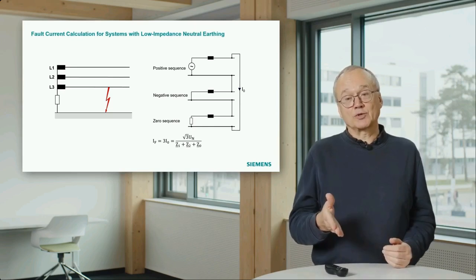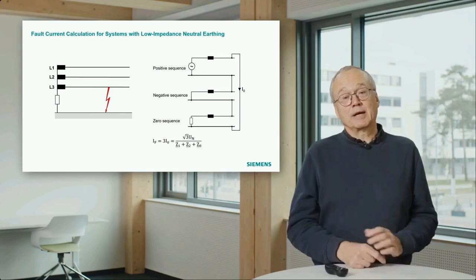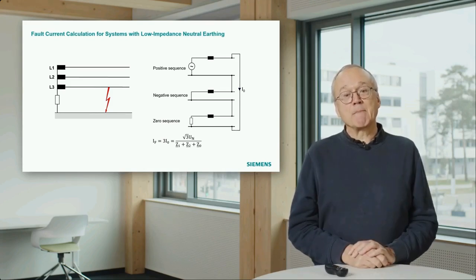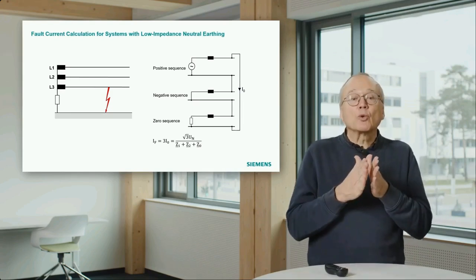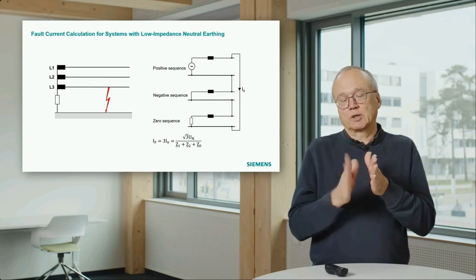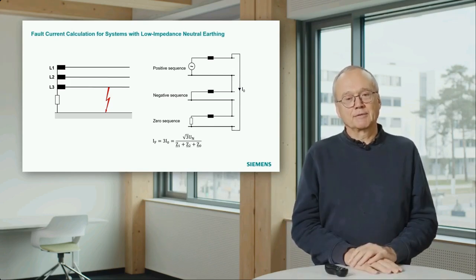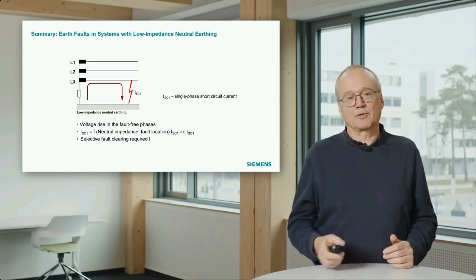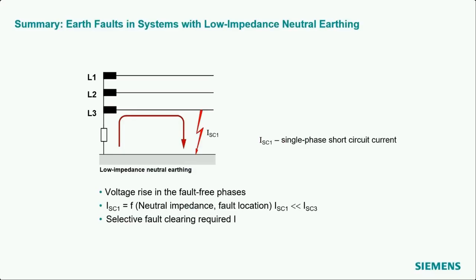If I is 2000 amps, I squared is 4 million, multiplied by 6, you are above 20 megawatts of power in that resistor, but of course only for a short time, because then the fault is tripped. But that means the resistor is not really a small thing, it's a bigger thing. That's a summary for these earth faults in systems with an impedance.